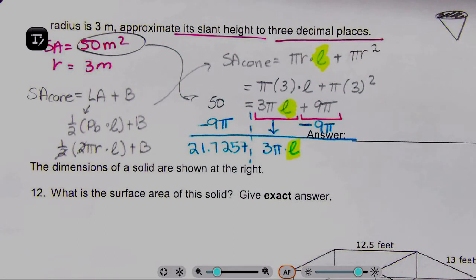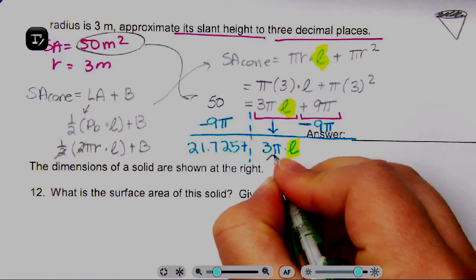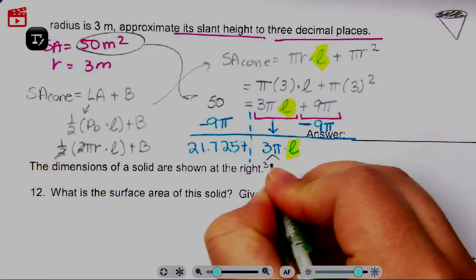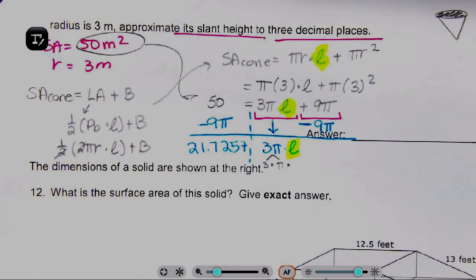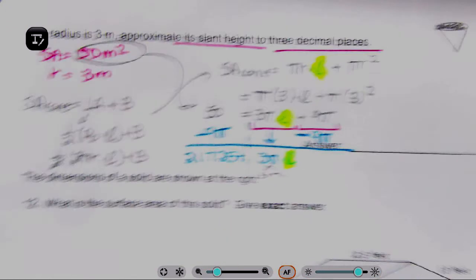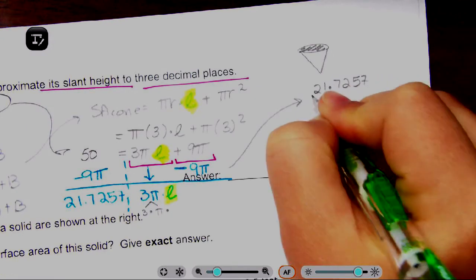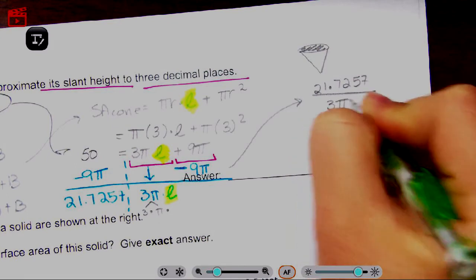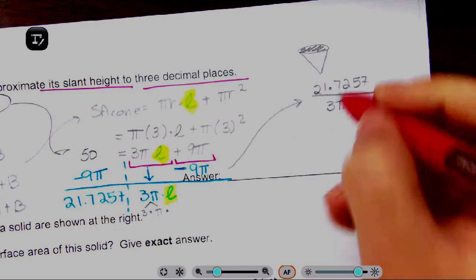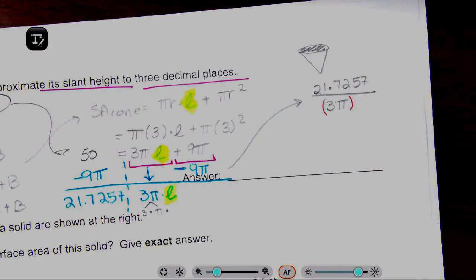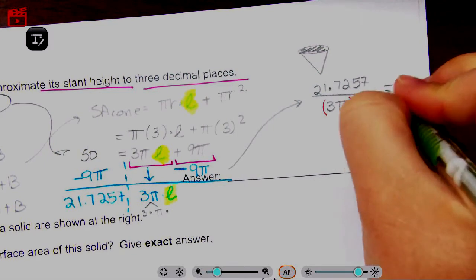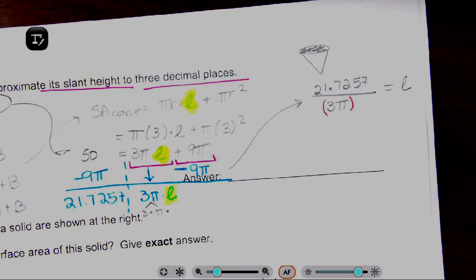Slant height is attached to two other things, 3 and pi. How are they attached? By multiplication. How do we undo that? We have to undo that by dividing both sides by 3 pi. Now again, your calculator will misinterpret this, so make sure you put the denominator in parentheses. So I have my slant height is equal to all of that.